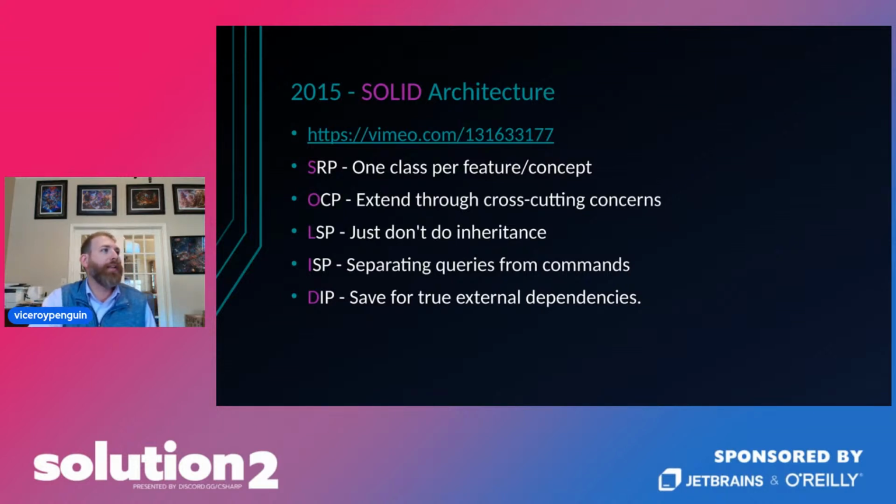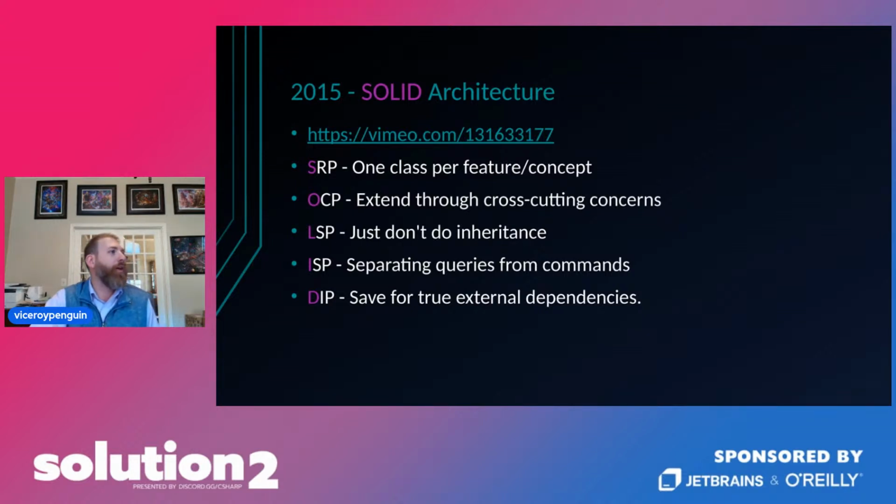This was a step away from clean architecture, using the SOLID principles: separating a class by feature, extending OCP, and all of these different things. Go ahead and watch that at a later date.